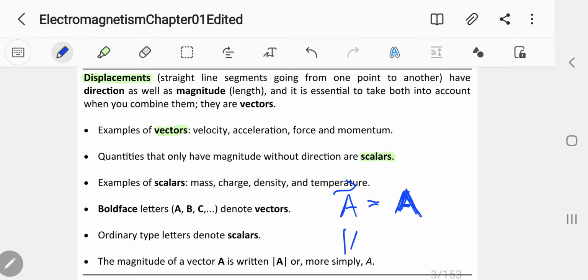And this one here denotes the magnitude of the vector, or just simply A. When you see a letter with an arrow above, that's a vector. When you have an absolute value of that particular symbol, that's the magnitude of the vector. Sometimes the vector is written in boldface, and if you put an absolute value, that's the magnitude.